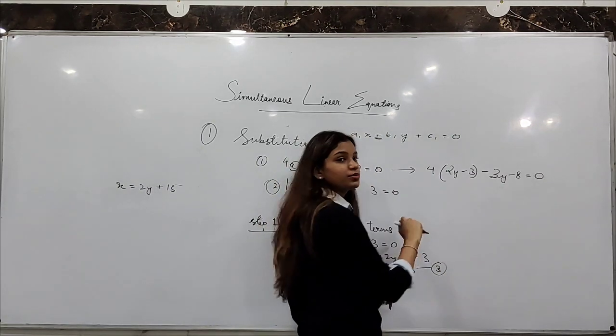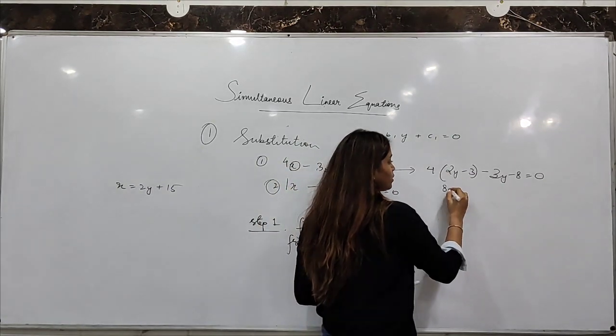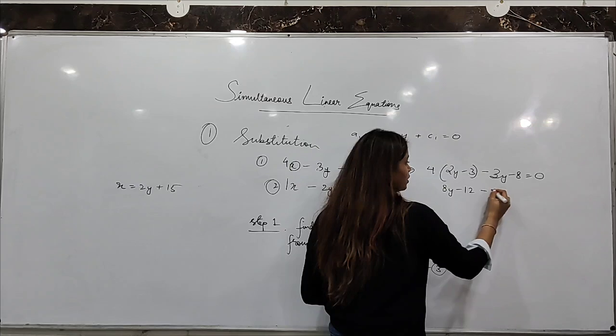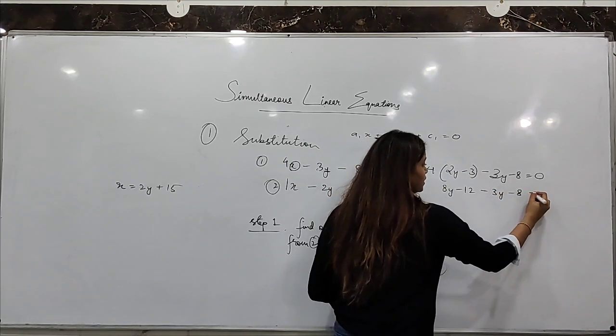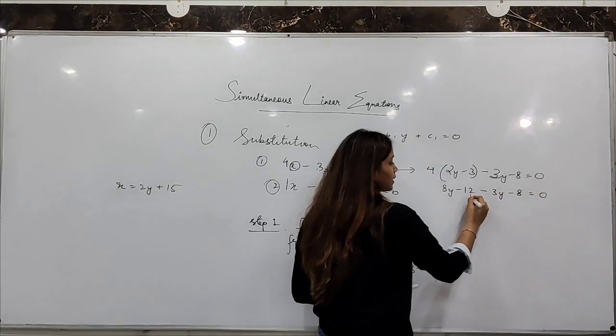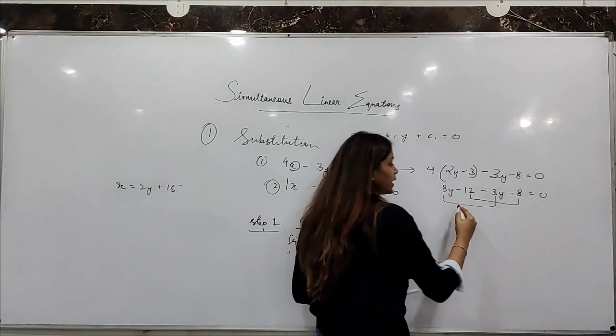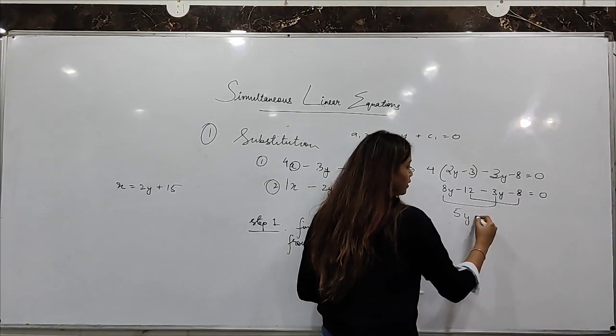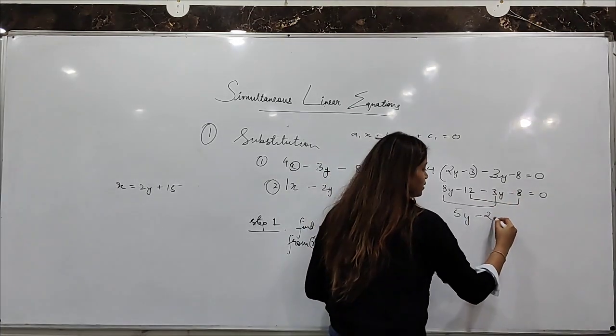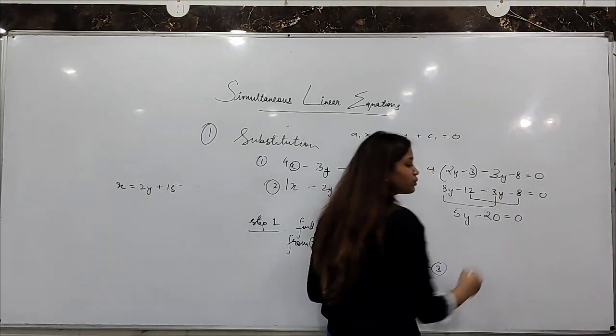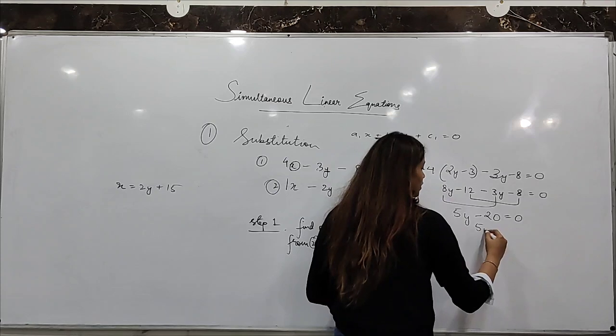Now we have a bracket, which means we have to multiply. 8y minus 12 minus 3y minus 8 is equal to 0. We can club the constants and we can club the variables. So 8 minus 3, 5y, and minus 12 minus 8 is addition. Minus 20 is equal to 0. Take 20 on the other side.